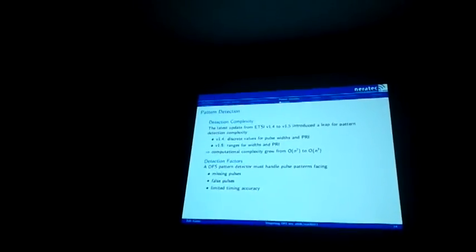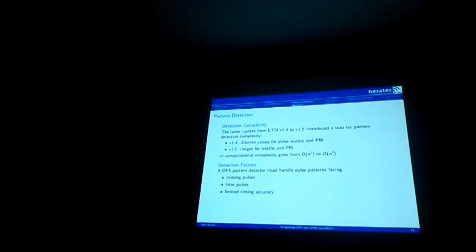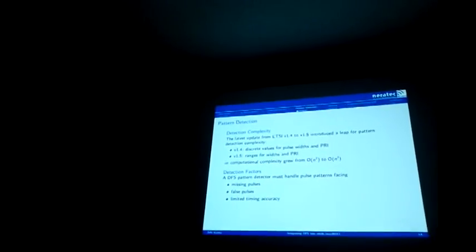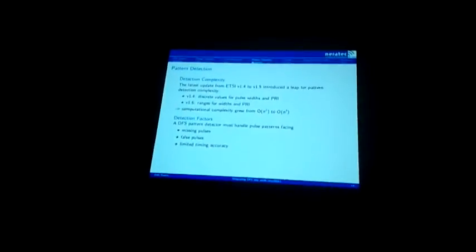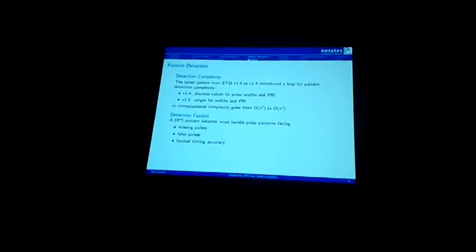That means you cannot just take some predefined pulses and try to match them with the pulses you recorded, but you need to vary all those parameters, meaning for the computational complexity you go up a full magnitude. So this has to be kept in mind when we are dealing with embedded devices with limited resources.